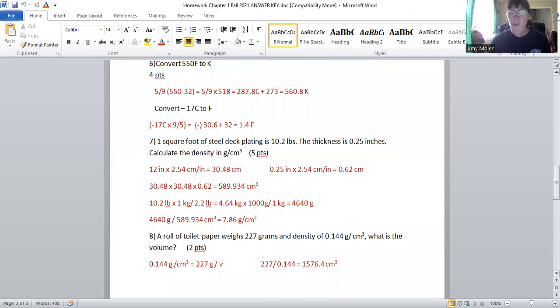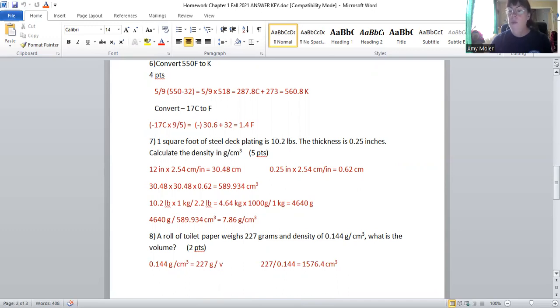I went ahead and converted my inches over to centimeters before I multiplied them together. It seemed the most straightforward. It doesn't have to be done this way. So 12 inches times 2.54 will give me 30.48. 1/4 times 2.54 will give me 0.62 centimeters.